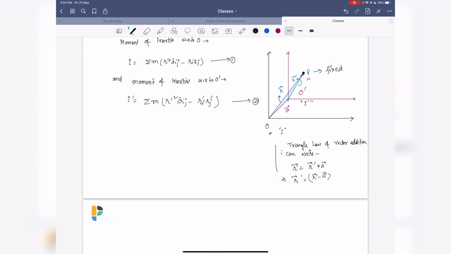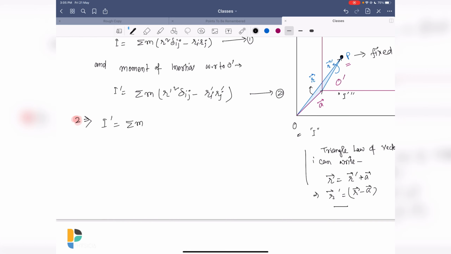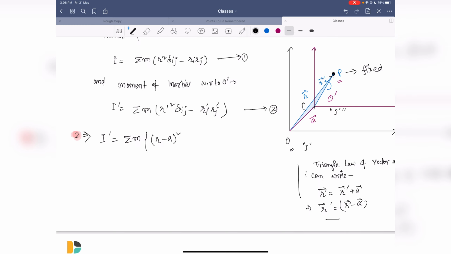So now I will put the value of R dash in equation 2. So equation 2 implies I dash is the summation of m, (R minus a) whole square delta ij minus (Ri minus ai)(Rj minus aj).